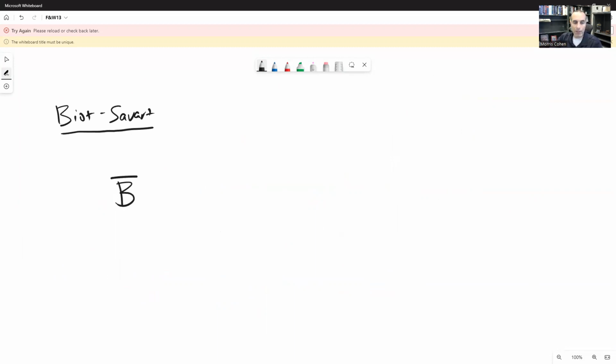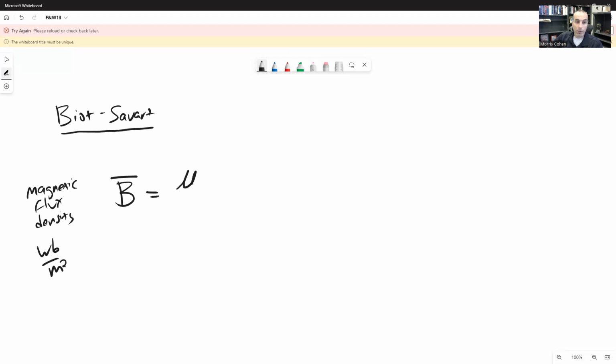The magnetic flux density B, and again, this is magnetic flux density, has units of Webers per meter squared. Weber, again, is the unit of magnetic charge, if there were such a thing as magnetic charge.